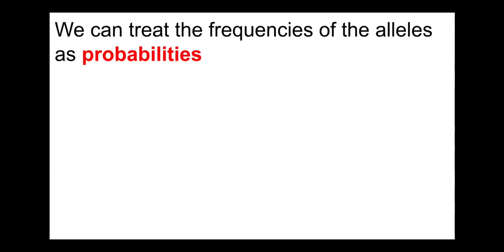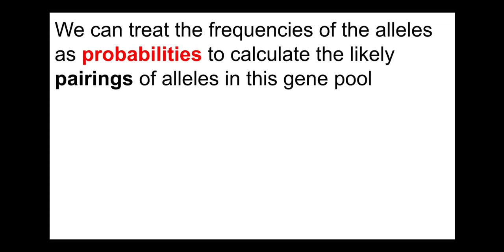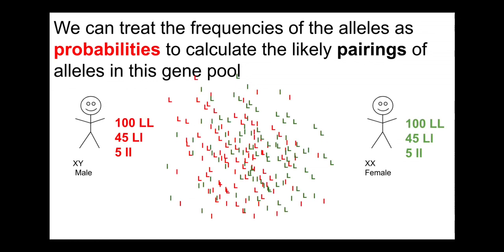So we can treat the frequencies of alleles as probabilities. And we can use those probabilities to calculate the likelihood of different pairings in the gene pool. And these pairings are going to determine the frequencies of genotypes in our next generation.